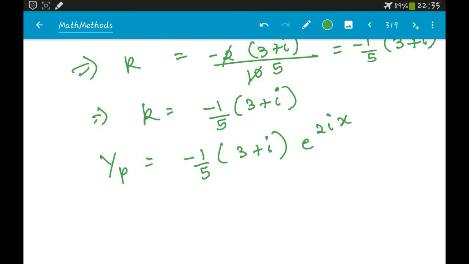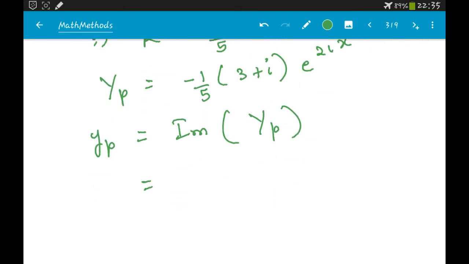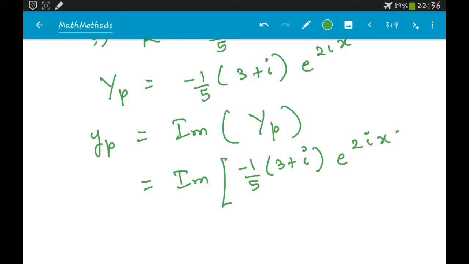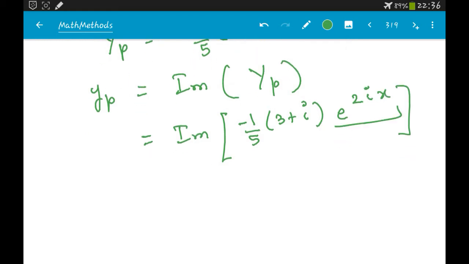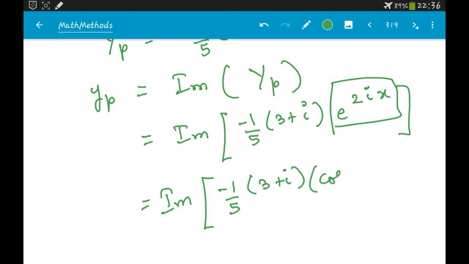So now what we do, we have to take our small yp as the imaginary part of this capital Yp. Okay, so we can take the imaginary part of minus 1 by 5, 3 plus i into e power 2ix. So e power 2ix can be written using Euler's equation. We can write this in terms of cos and sine. So we will get minus 1 by 5 into 3 plus i into cos 2x plus i sine 2x.